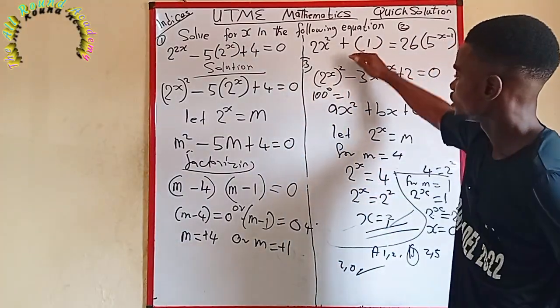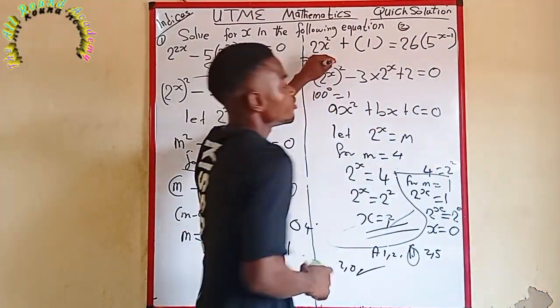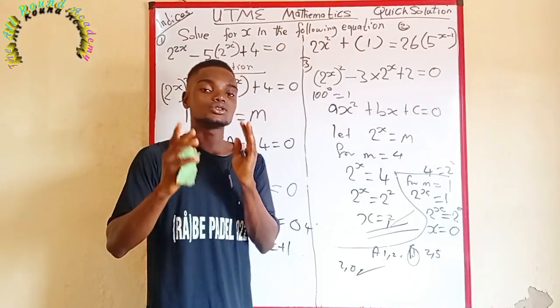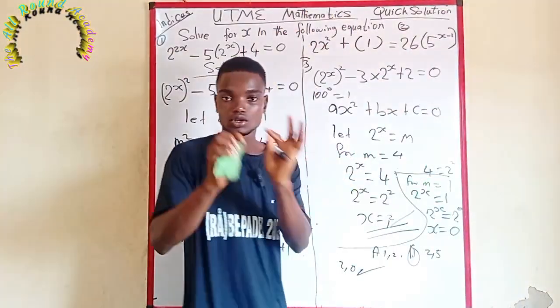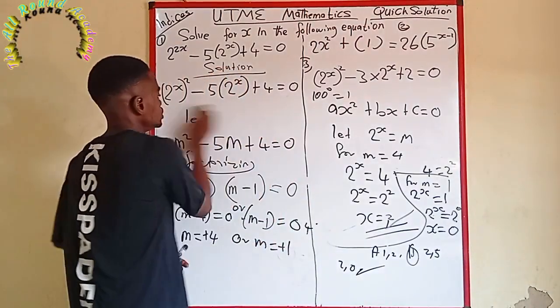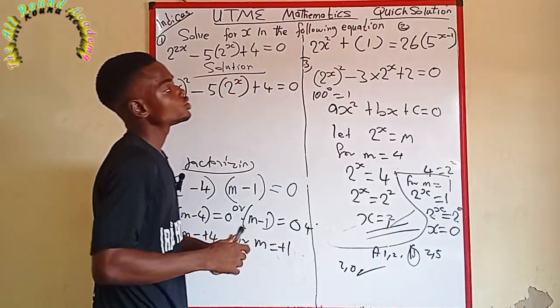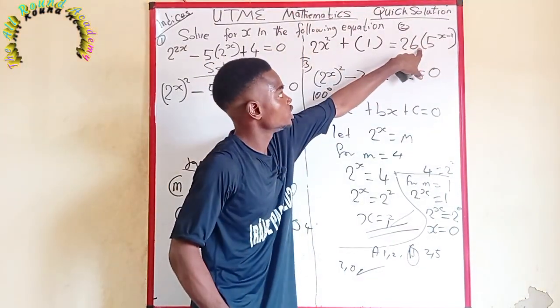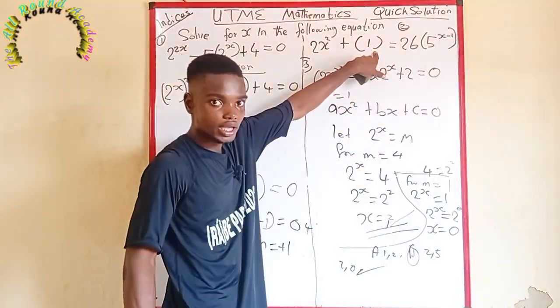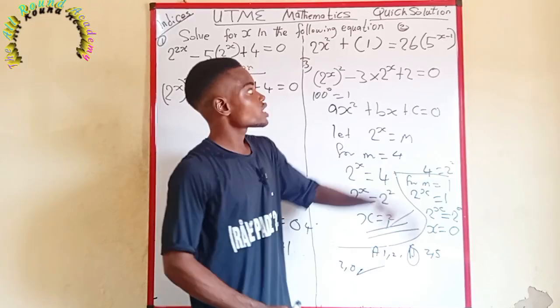Now in this expression here, it's going to be a little bit tricky, but look at what you need to do. What you need to do is bring this expression here to this side. But before you bring it, look at this power.